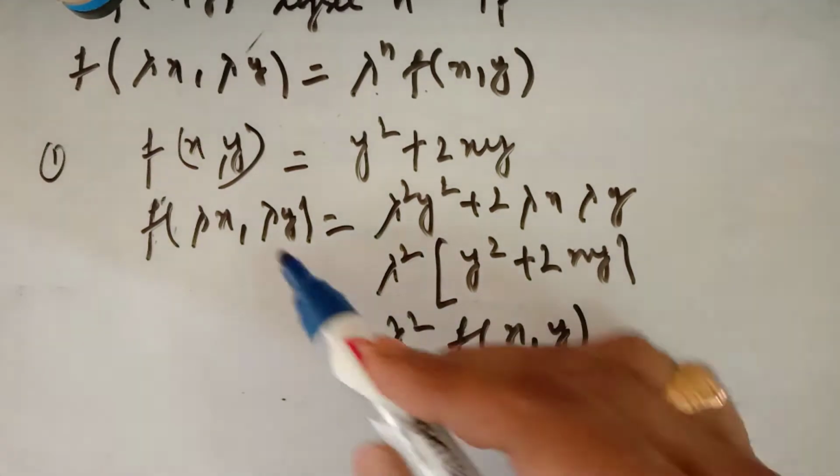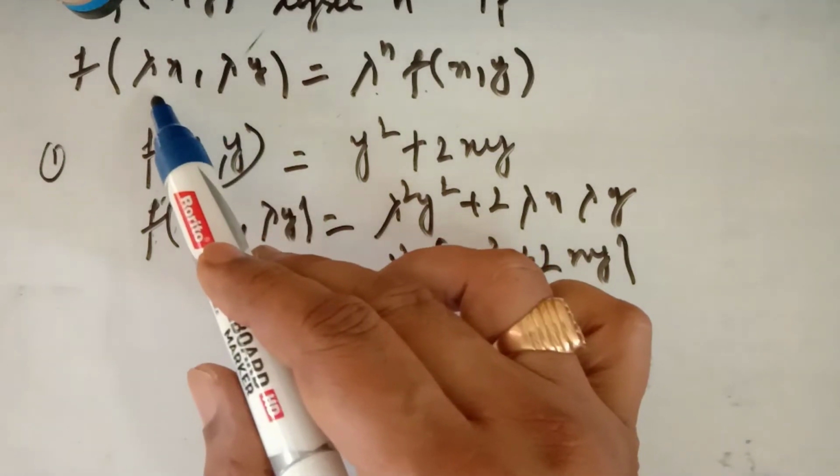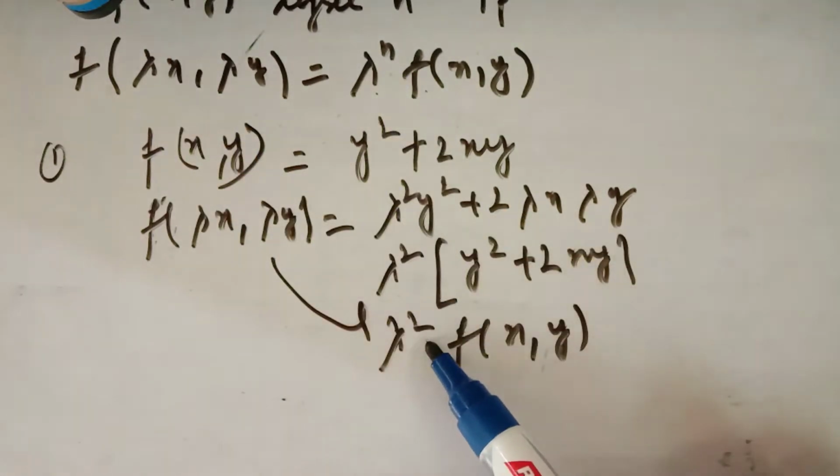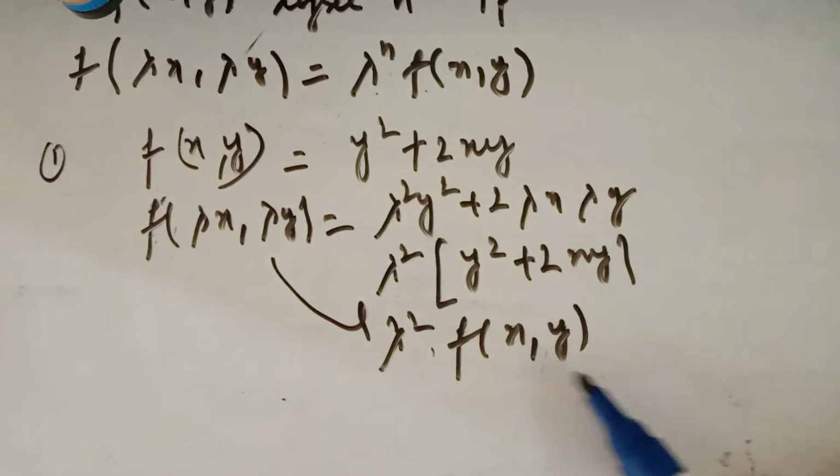So f(λx, λy) is equal to λ to the power n f(x,y), this is of degree 2. So this is a homogeneous differential equation of degree 2.